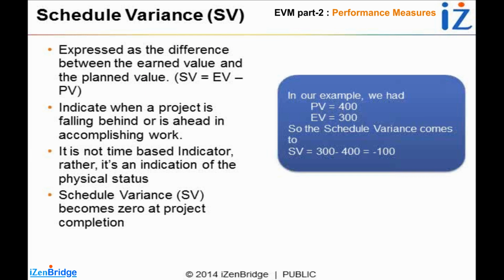So at the end of the project, schedule variance becomes 0, which means you have completed the amount of work which was planned. That's it. It is not telling us whether you were ahead or behind schedule. If we have a negative variance, it represents that we have not finished that much money worth of work at that particular point in time.